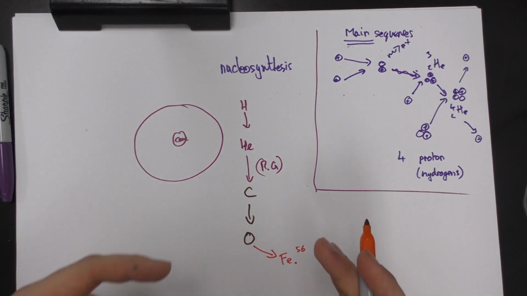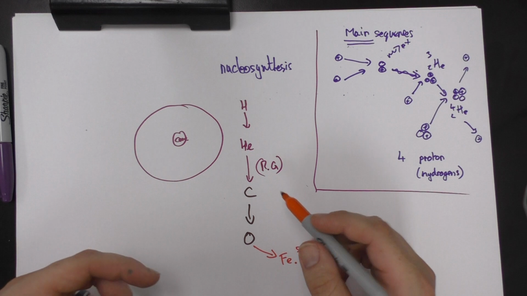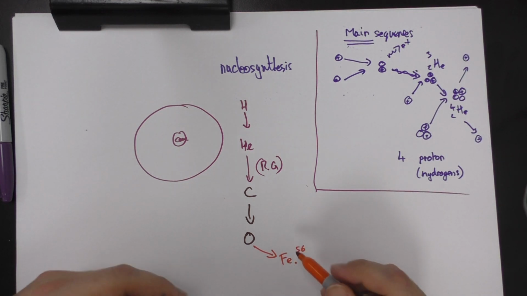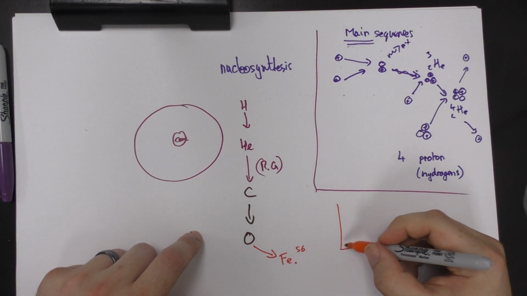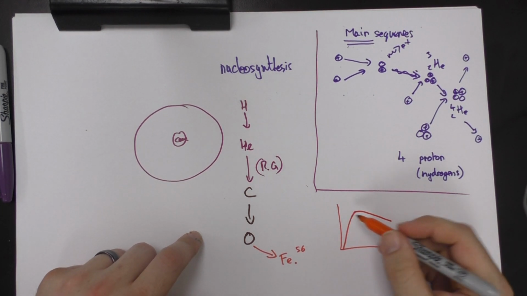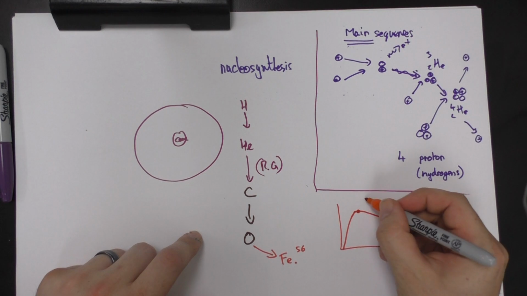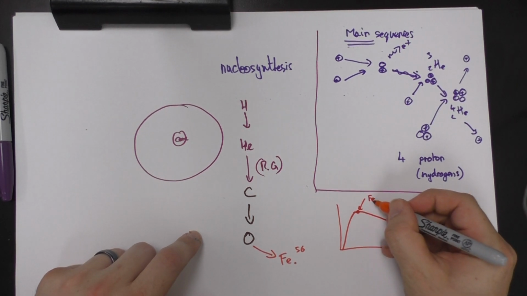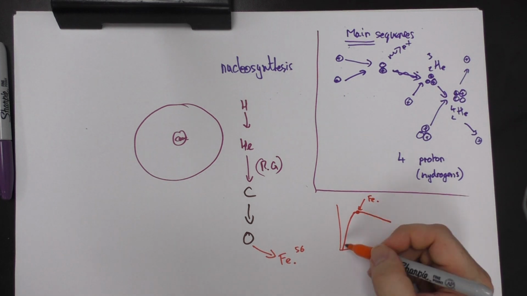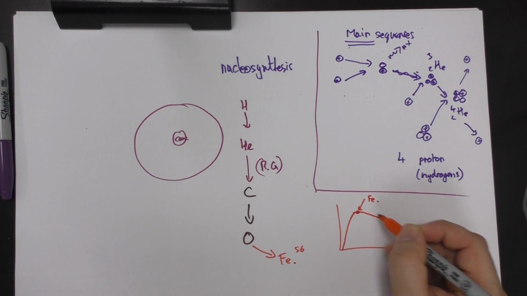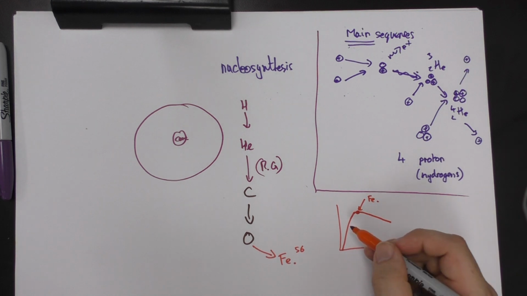Because if all our elements are fused inside stars, how do we get heavier than iron? As you will hopefully remember, the binding energy curve suggests that we only get energy from fusing up to iron. Anything else, we're going to lose energy. We're going to be a net intake of energy.